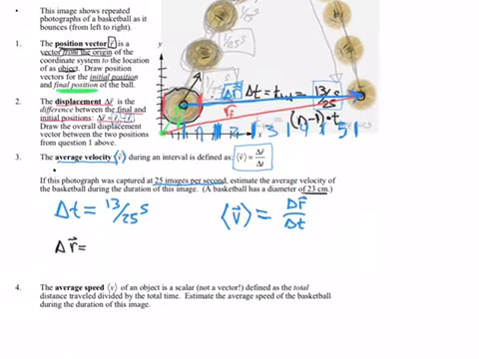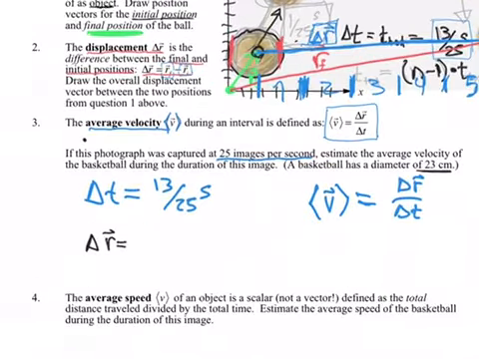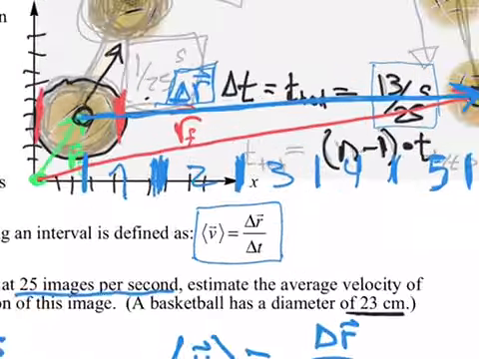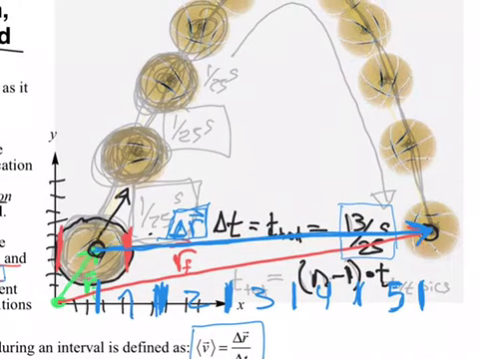And if we do a little calculation, 5 times 23 equals 115. We're working in centimeters here, so the x component of our position vector is 115 centimeters. You can do the same thing where you estimate how far up, so how far from this y height to the center of the basketball right here.